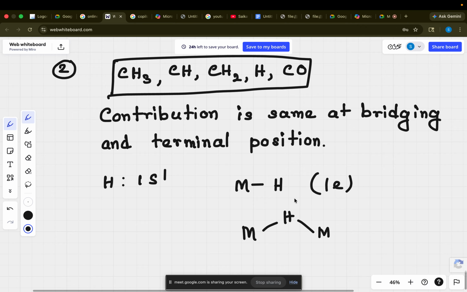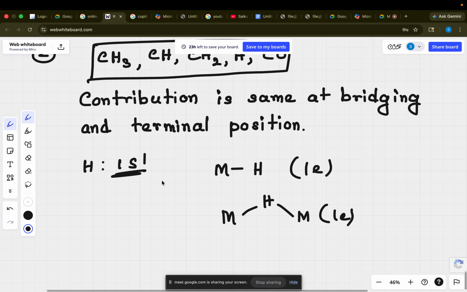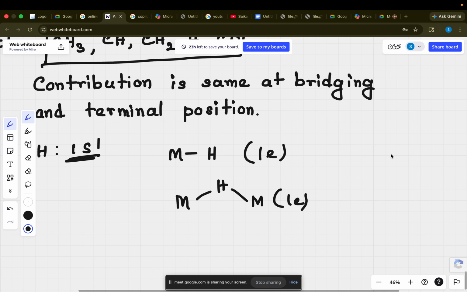There the hydrogen is actually attached to two metal centers, but it is still donating only one electron because it has only one electron. Whether it is attached to one metal center, two metal centers, or three metal centers, the electron contribution will be 1. It cannot donate more than 1.